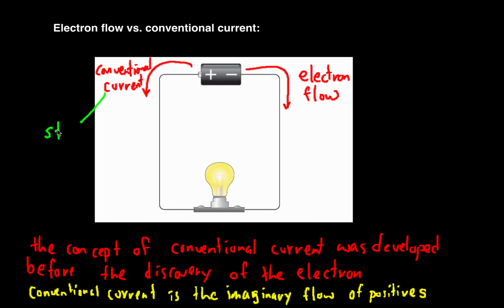Now, for tradition's sake, conventional current is still used in electronics today. Now that you understand a little bit about which hand to use and the difference between electron flow and conventional current, you're ready for the first hand rule.